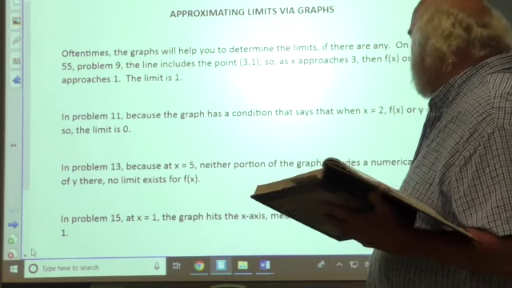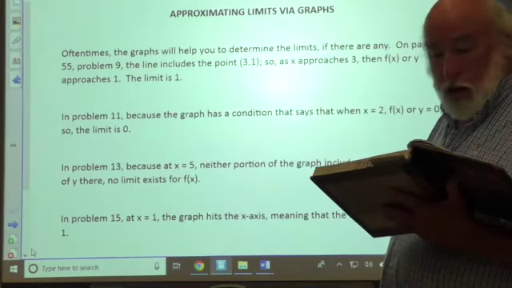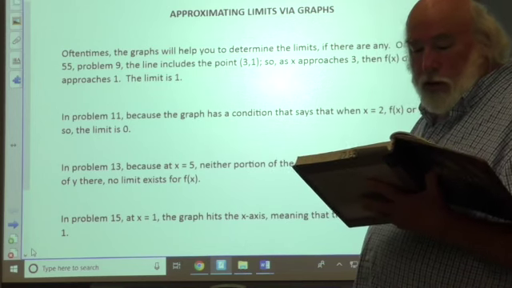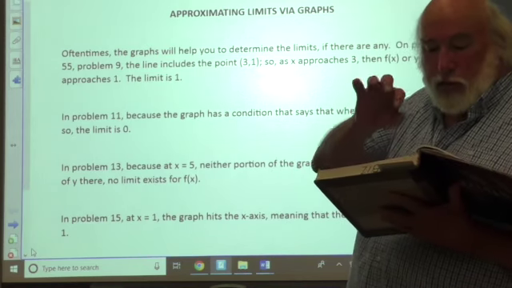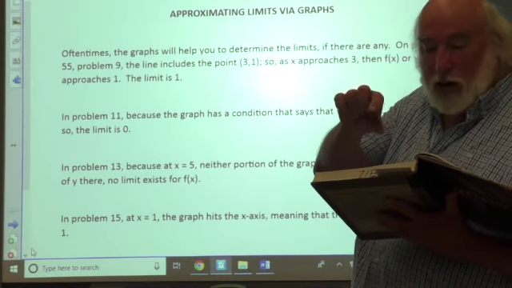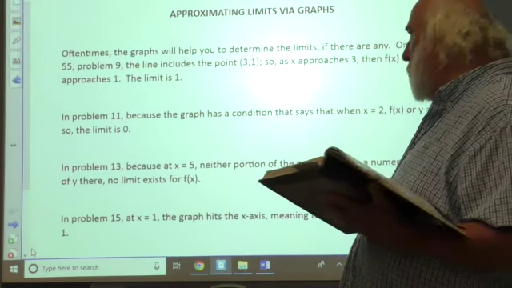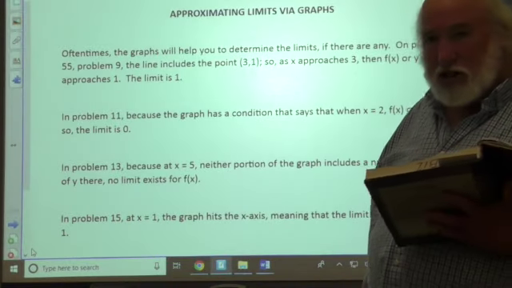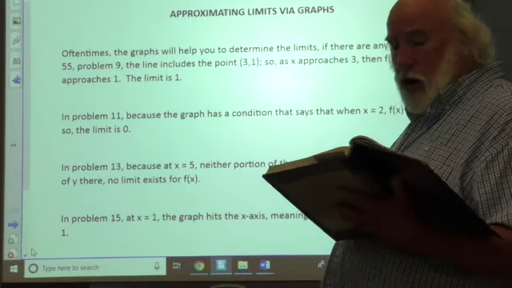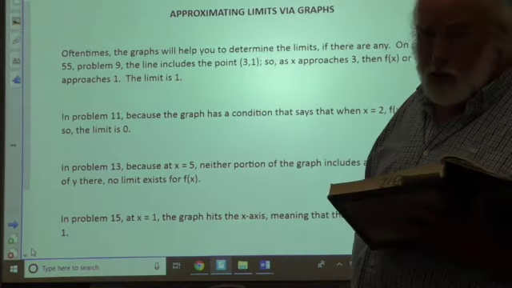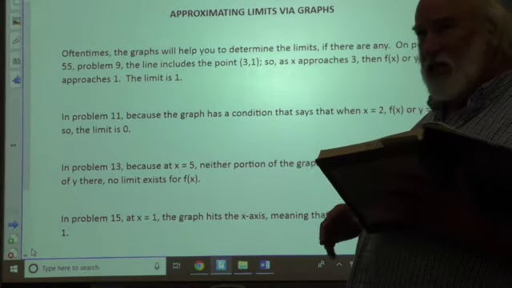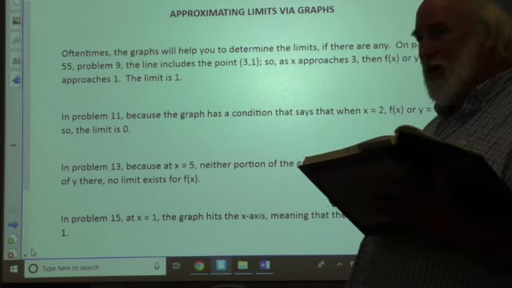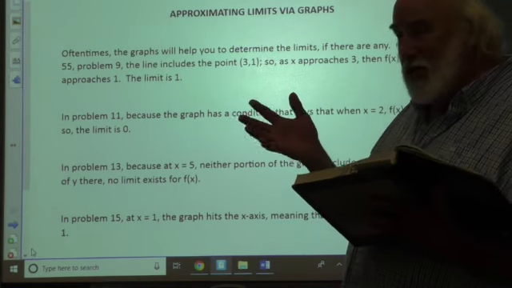Number 11, if you take a look at the graph there, before you look at the graph, you look at the equation. This is what is known as a discontinuous graph or a conditional graph. It's more of a conditional graph because discontinuous means it doesn't flow completely, which it kind of doesn't do.